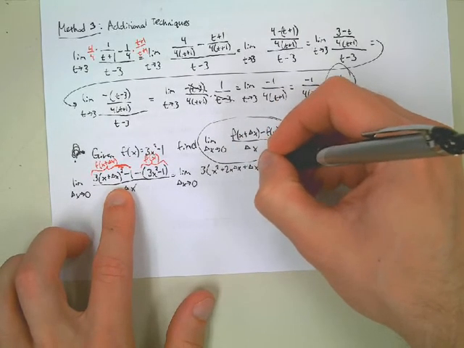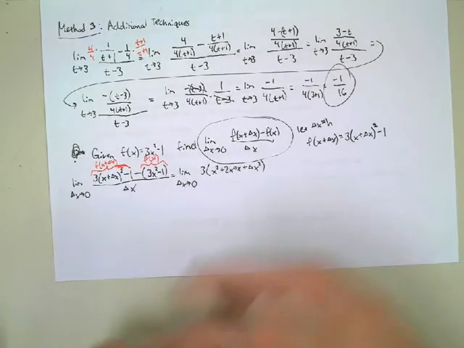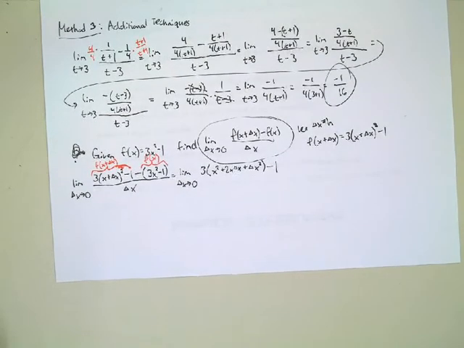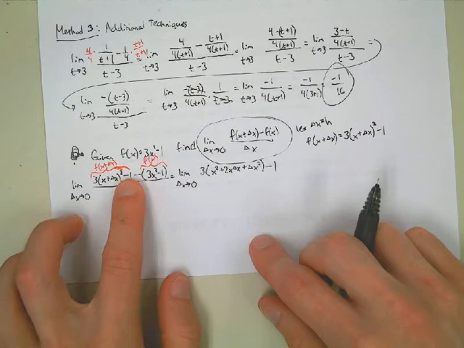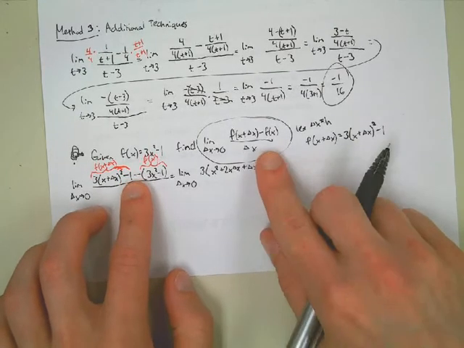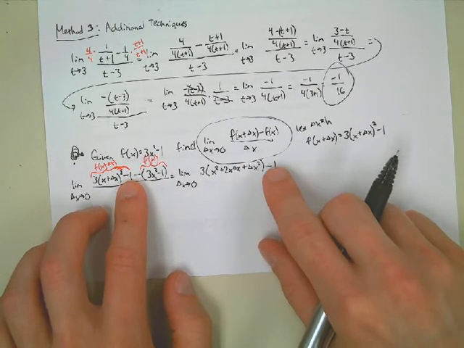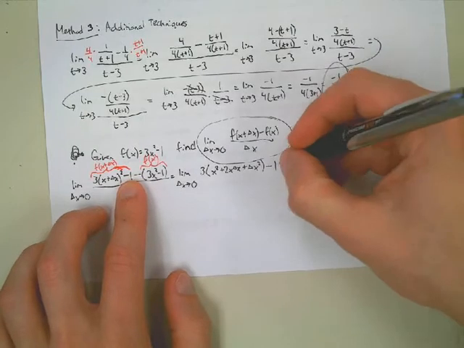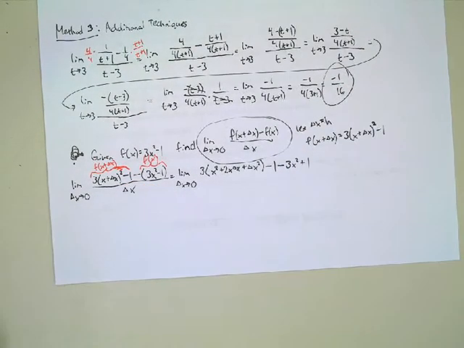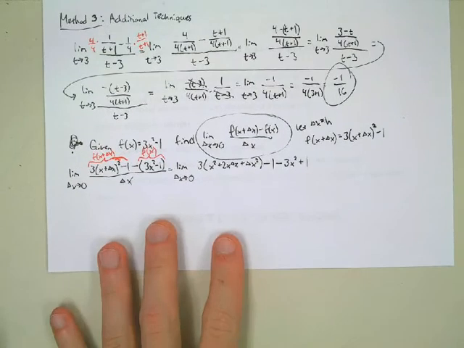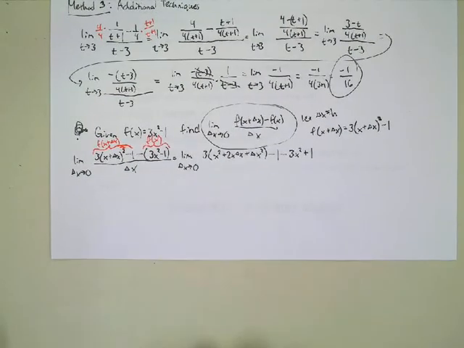So that's where I am, from right there to right here. Minus the quantity, so it'll be minus 3x squared plus 1. We distribute that minus sign. All over delta x.